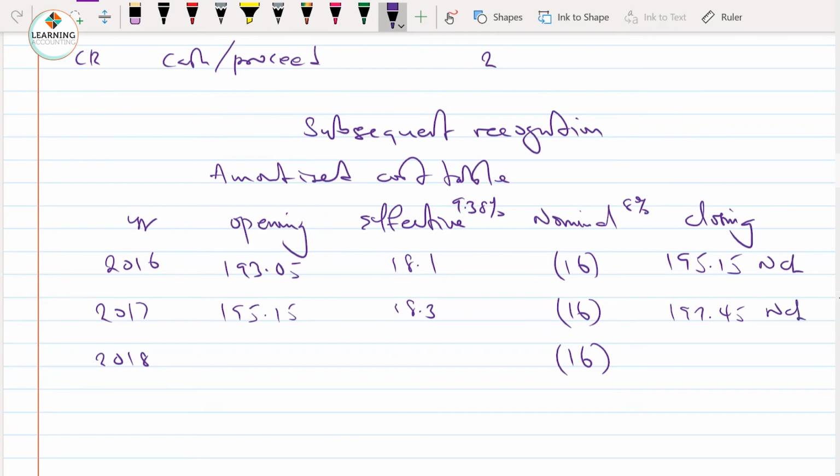Again, non-current liability, and this becomes the opening in year 3.